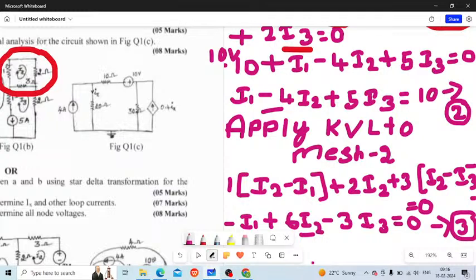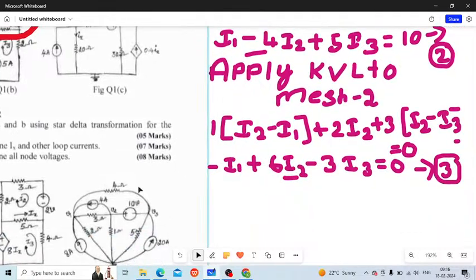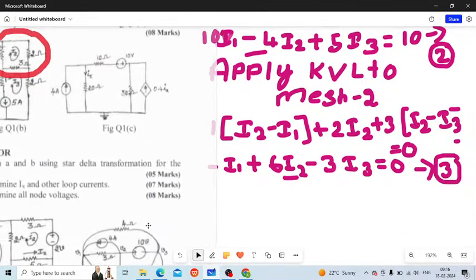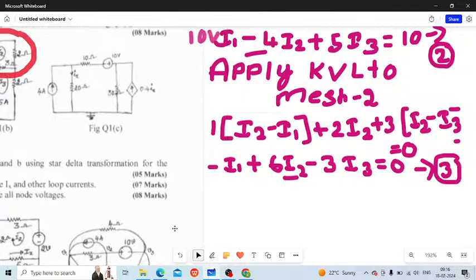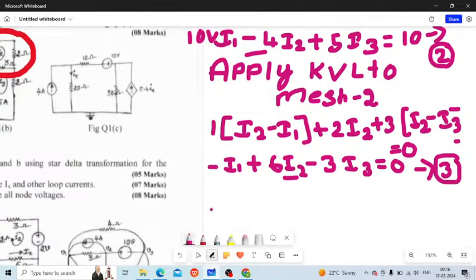If you substitute all these three in the calculator, what are you going to get? Your I1 is equal to, students, you know how to do it, right? You get 7.5 ampere. I'll just tell you the answer.